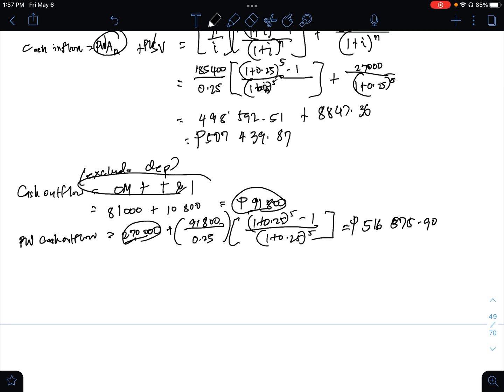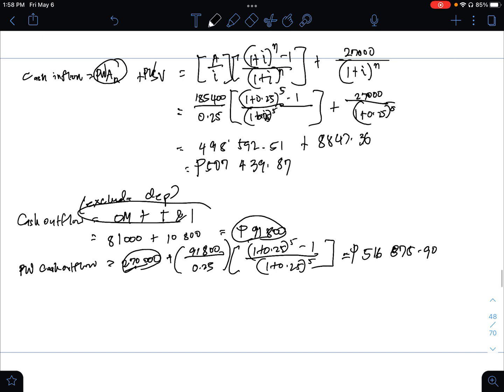Okay, so class, klaruhin ko na, ang cash inflow dito is the present worth of the annual revenue, which is 185,400. Okay, gamitin na natin itong formula ha, para di makalimot. Plus present worth ng salvage value, which is 27,000. Okay?